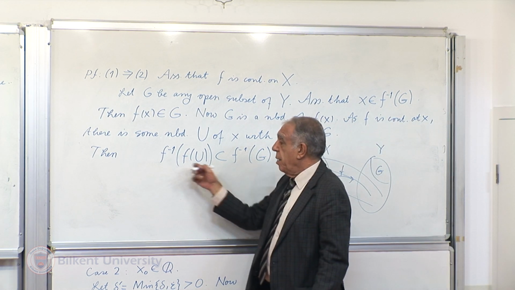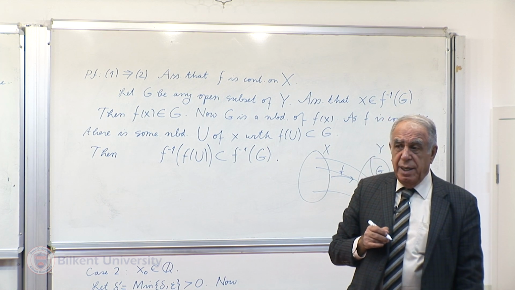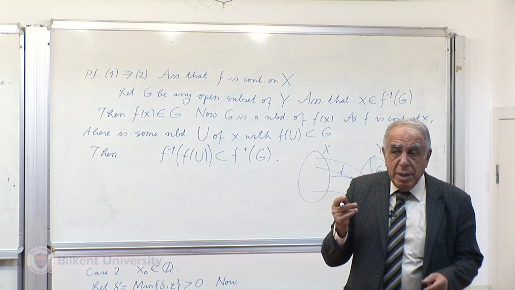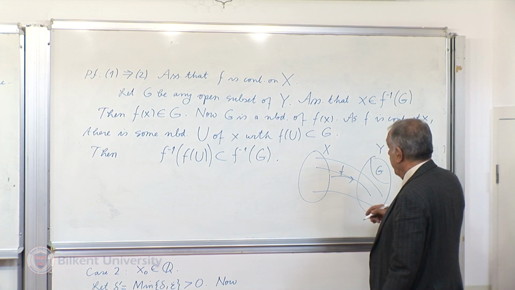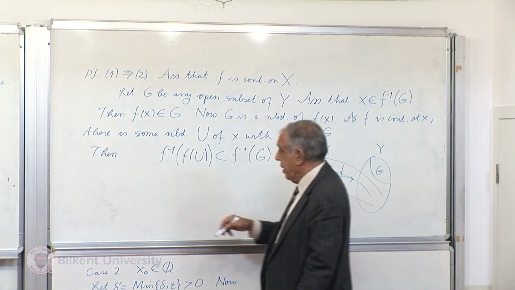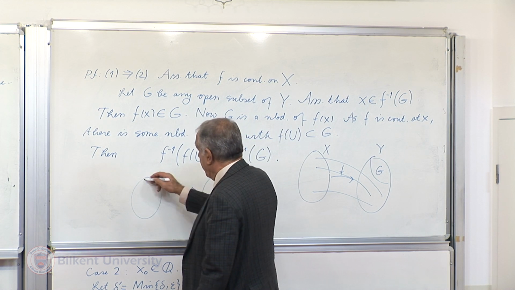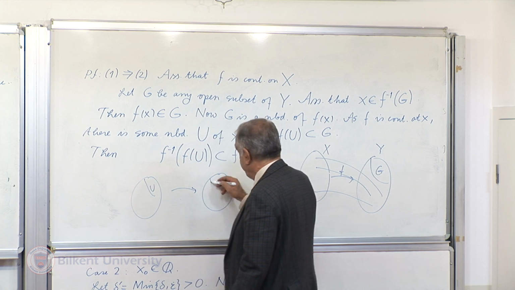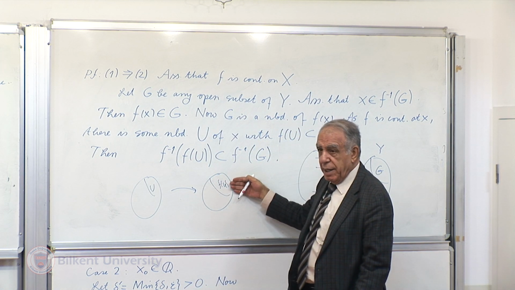What can we tell about this set? It need not be equal to U, because here, let me make another picture. If this is U, this will be f of U, some set in here.